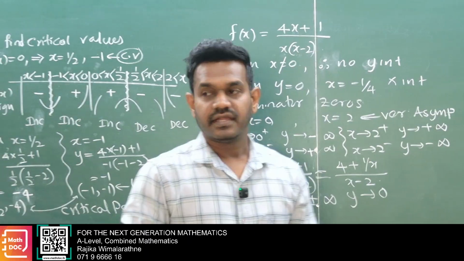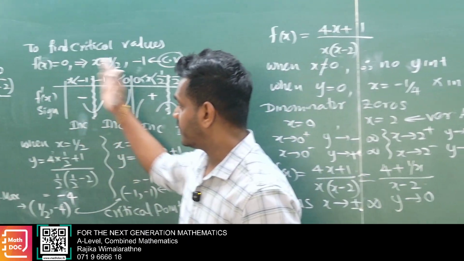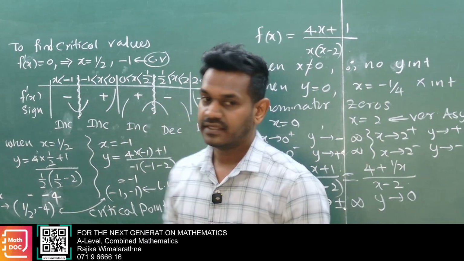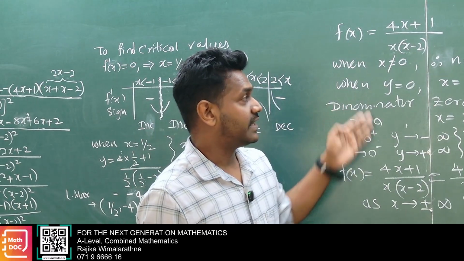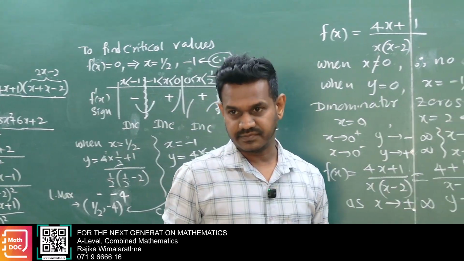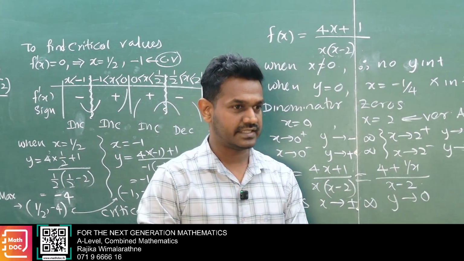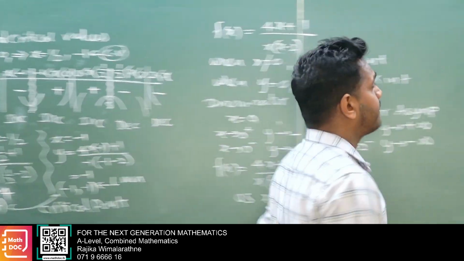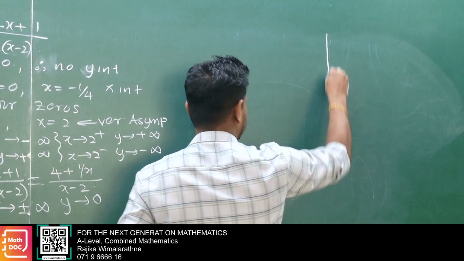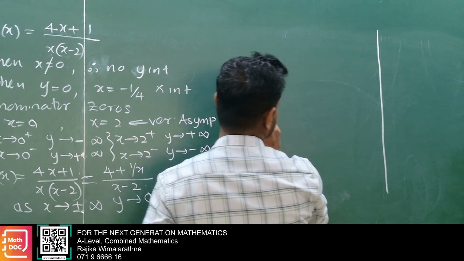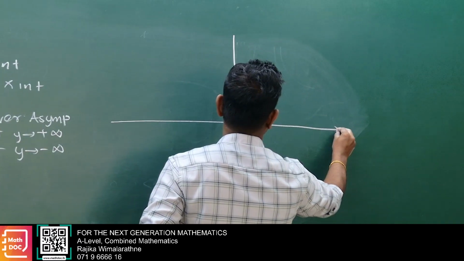Okay. Now we know the critical points, the x and y intercepts, and the horizontal and vertical asymptotes. Then we can easily sketch it. When sketching, you sketch the y axis and x axis.